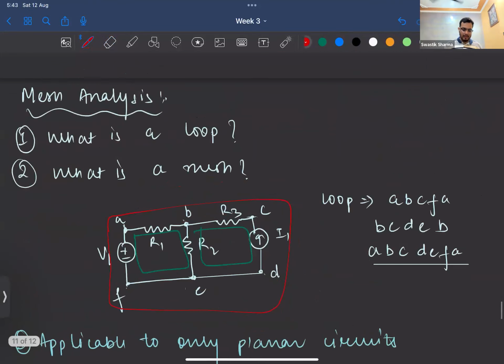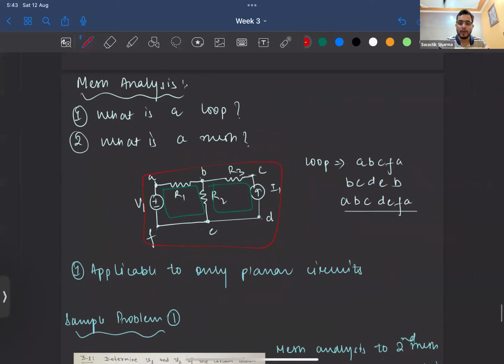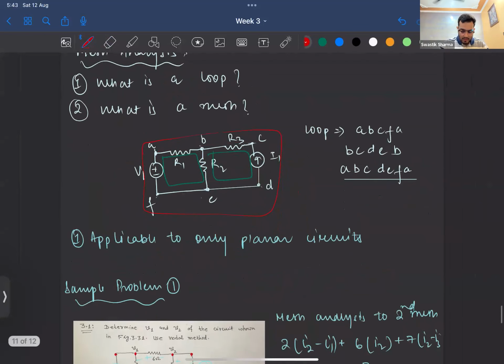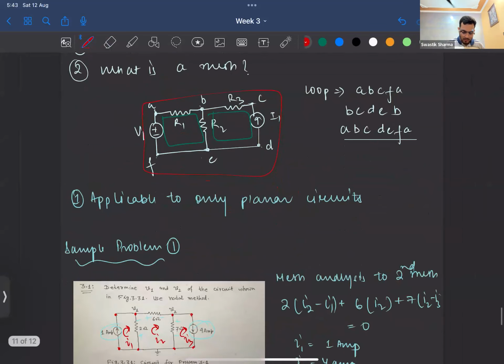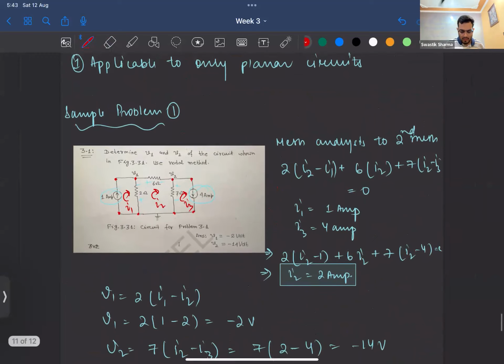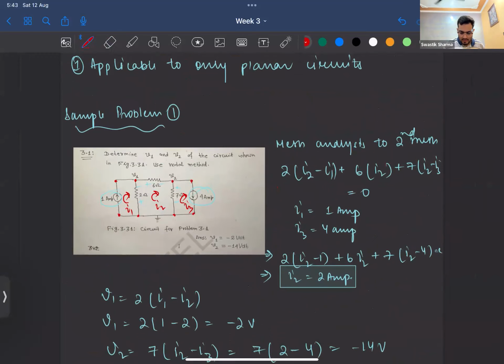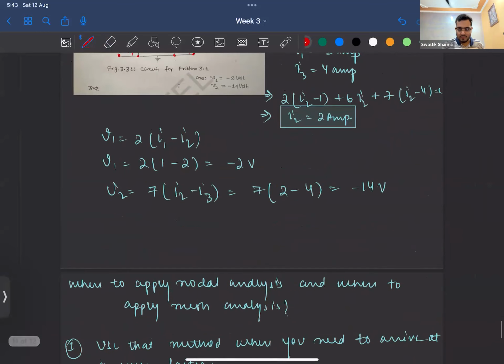Then we went ahead and talked about mesh analysis. We first identified how to identify a loop, and then how to identify a mesh. Then I solved a sample problem, the first sample problem, using mesh analysis, and we got to know that using both methods, we get the same answers.